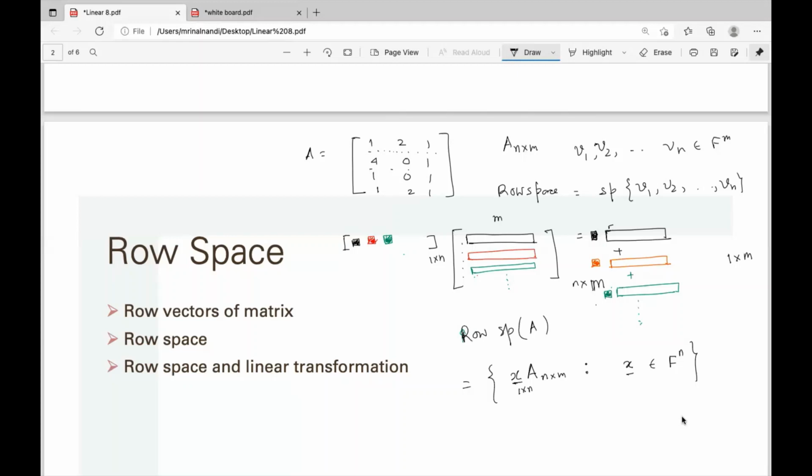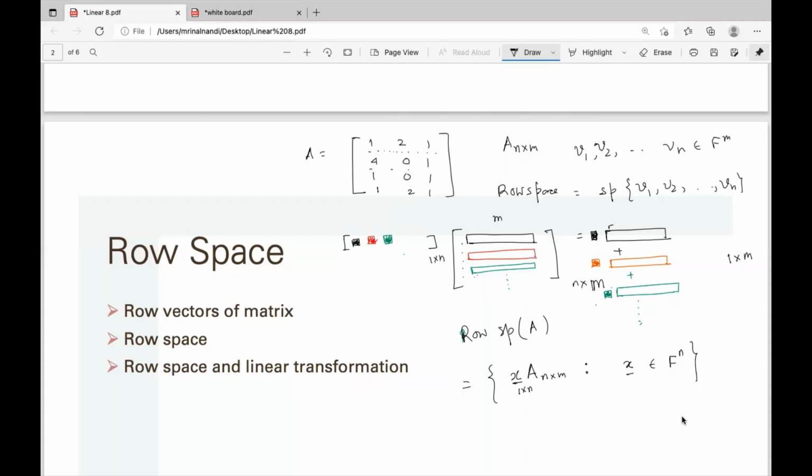Conversely, if you take any element from the row space, that is nothing but a linear combination of the row vectors, and if you collect the coefficients of each row vector and put them in a 1 cross n dimensional row vector, you will get that x.